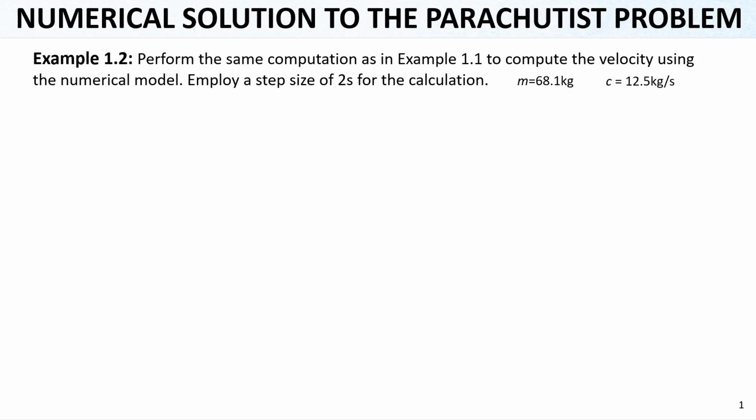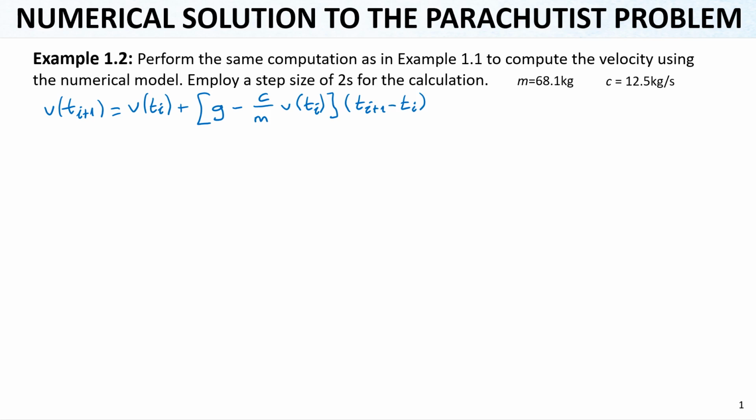So if you remember, our velocity at time t_i+1 was equal to v(t_i), plus we had the slope function, which is g minus c over m times v(t_i), times t_i+1 minus t_i.